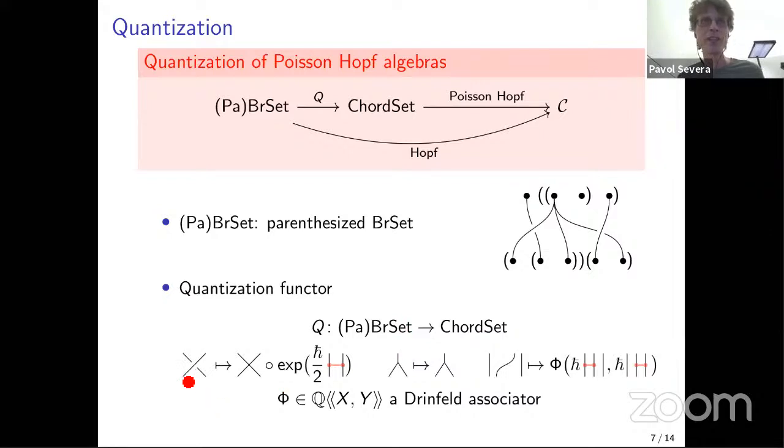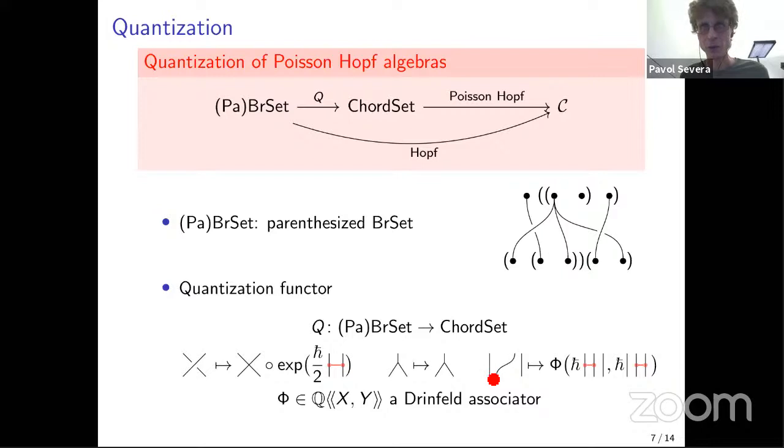We send this braiding, or this overcrossing, to the crossing, which is here, composed with the exponential of h bar over 2 times the chord. We do nothing for the product. When those two strands meet, we just leave it as it is. And then finally, that's the real deal here.